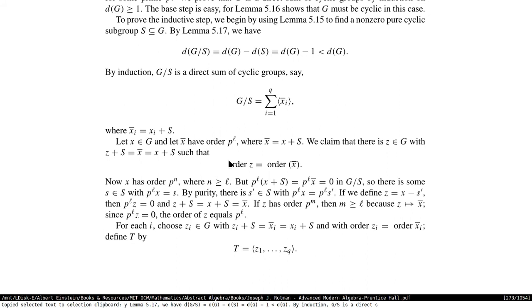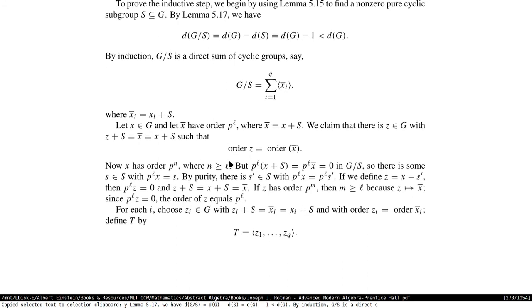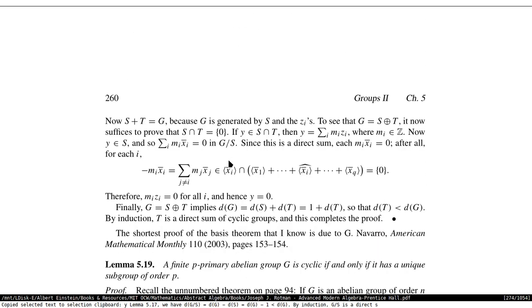Now we define t to be generated by these z's. So t is the cyclic group generated by these generators. Now s plus t is G, because G is generated by s and the zi's, right? The zi's generate t, and s, of course.